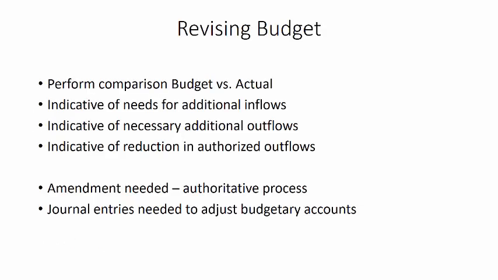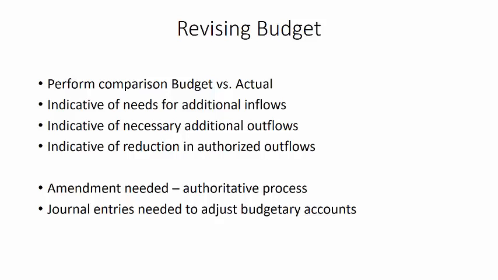In regards to revising our budget, one additional note there, that if amendments are necessary, then again those journal entries would need to be entered in order to reflect what those amendments are. And keep in mind, again, the use of that BFB account.